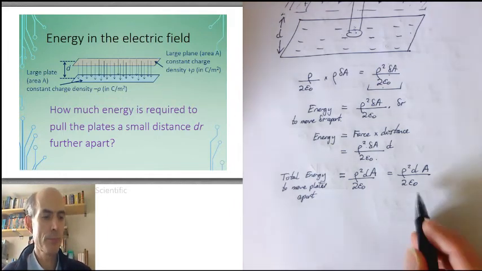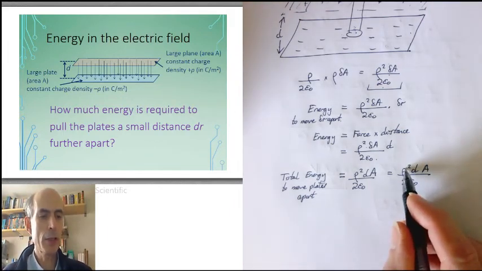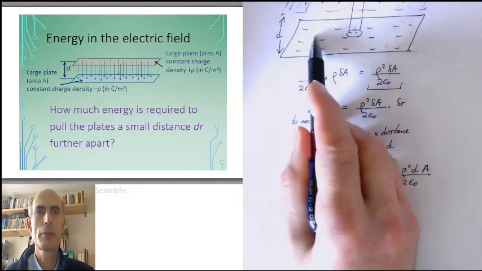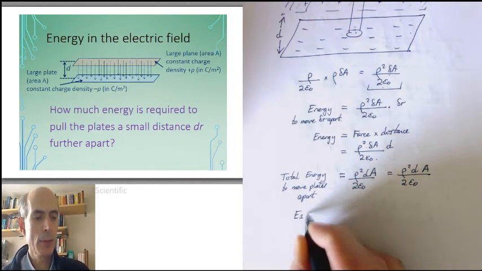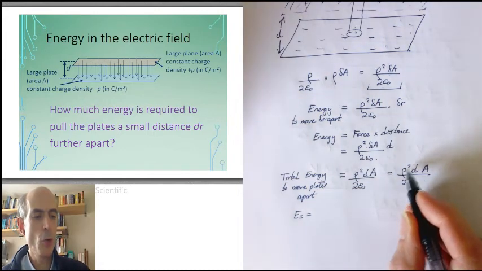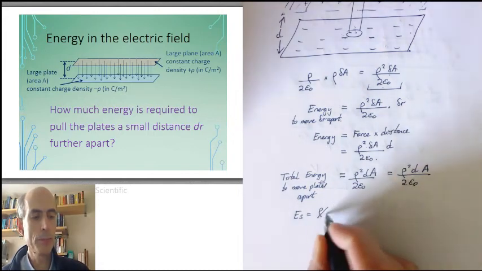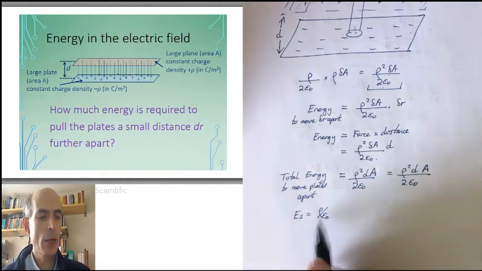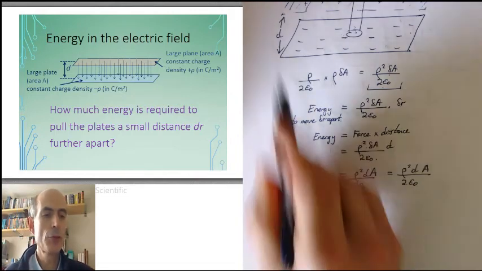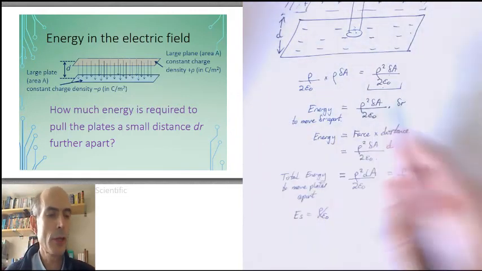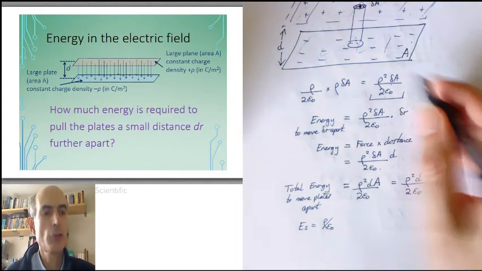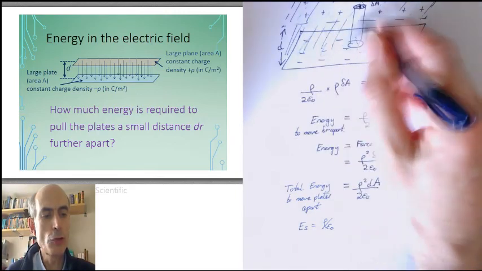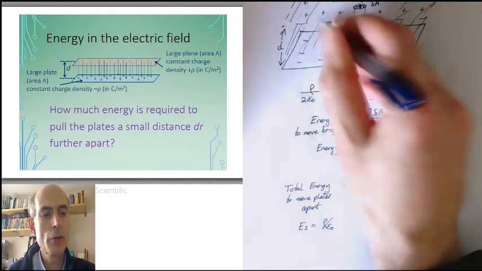Almost there. Have to remember that we calculated the electric field strength between the two plates to be rho over epsilon naught. And we have to notice that d, the distance between the plates, times A, the total area of the plates, that's just the volume enclosed by the plates.